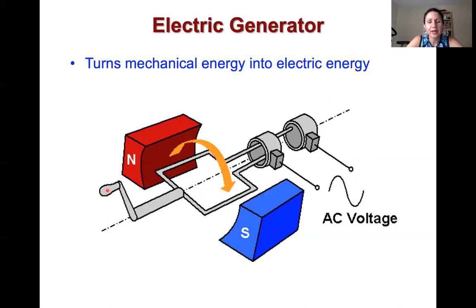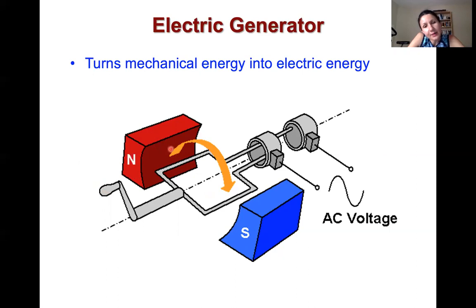So imagine we have this crank here, which is connected to a wire loop, and it's positioned in the location of a large magnet. You take this crank and you rotate it. Of course, physically, it's not people generating this; it could be wind, water or other sources, something that makes this crank rotate.